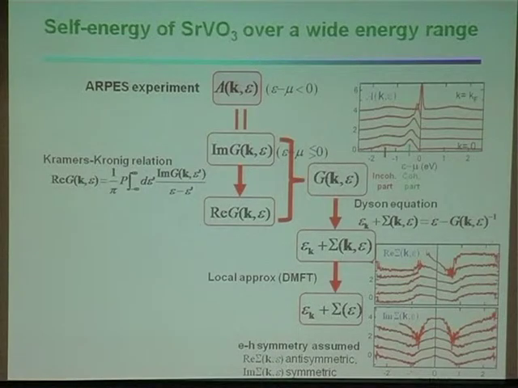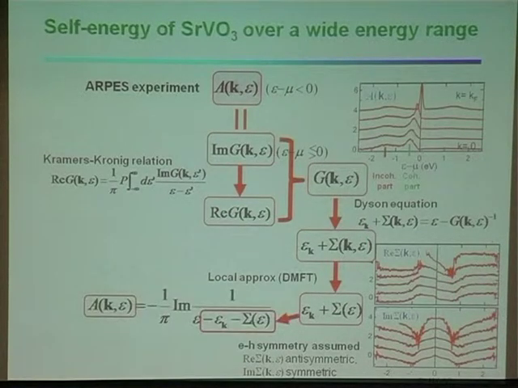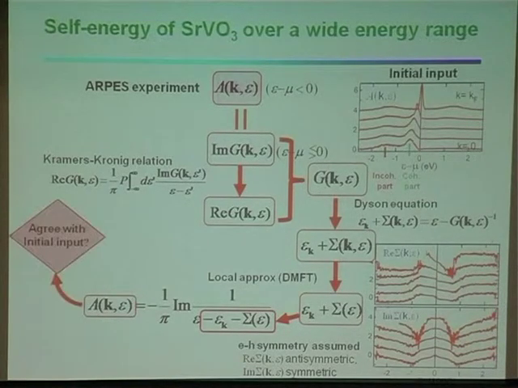And then, if you like, you can integrate over momentum and obtain the local self-energy and put it into this equation, and see whether this agrees with the initial input.